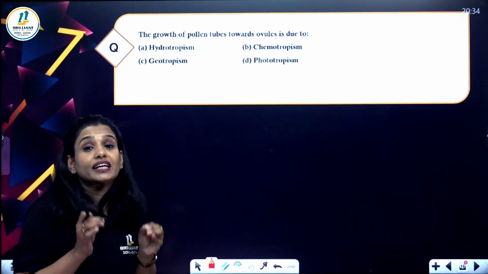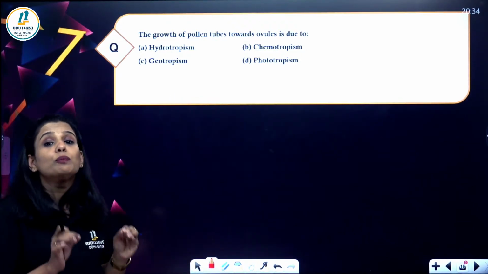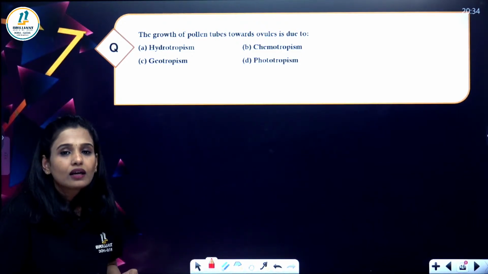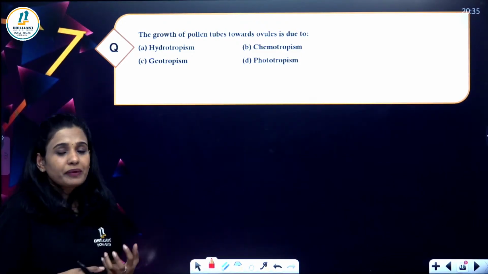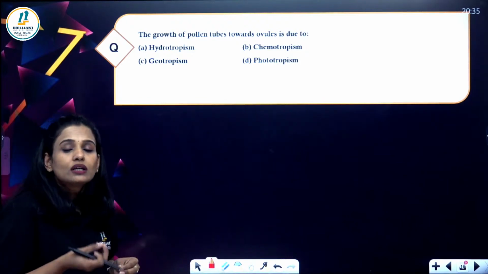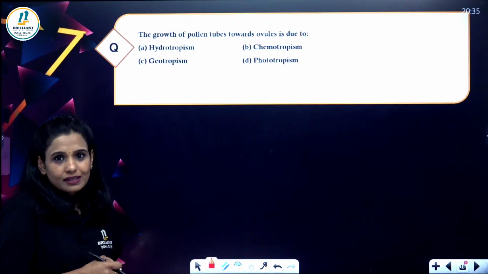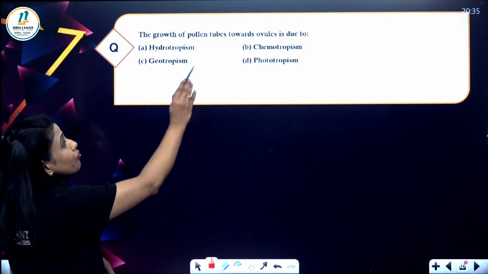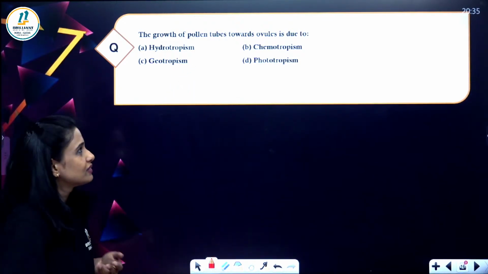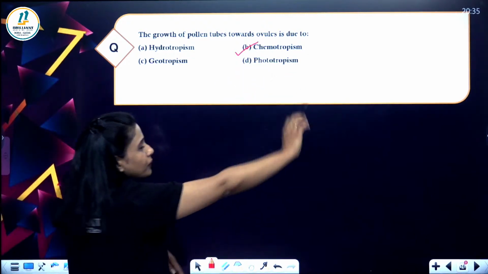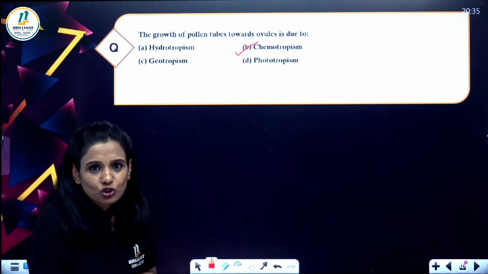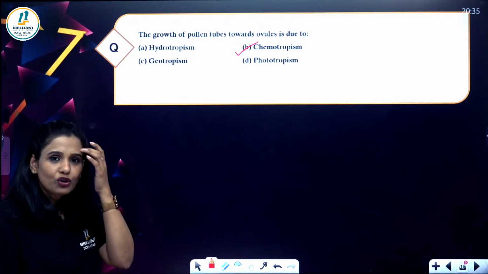It is a very good example for chemotropism. Like a one-word question it may ask, can you write an example for chemotropism in plants? That is growth of pollen tube towards ovule. The correct option is chemotropism.